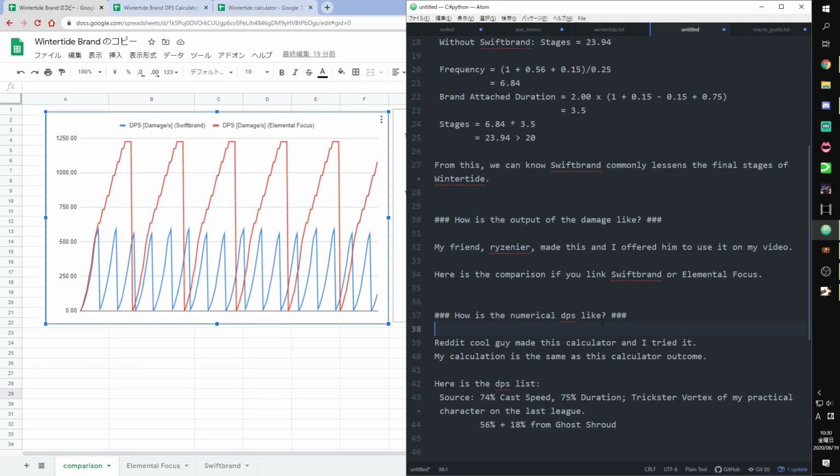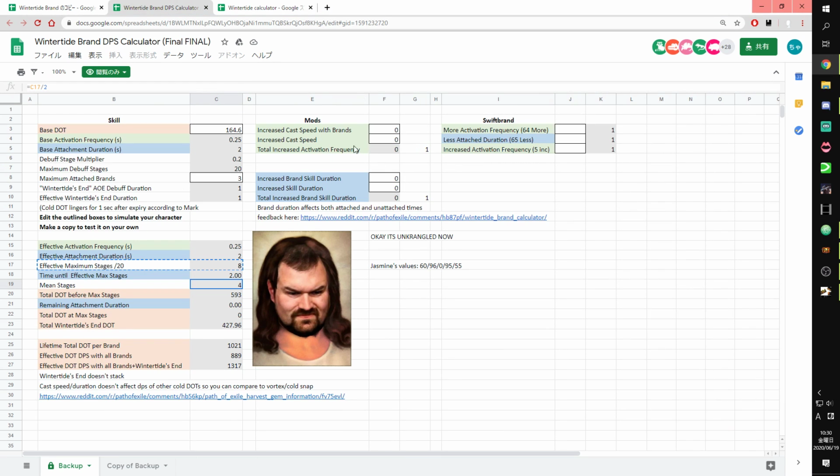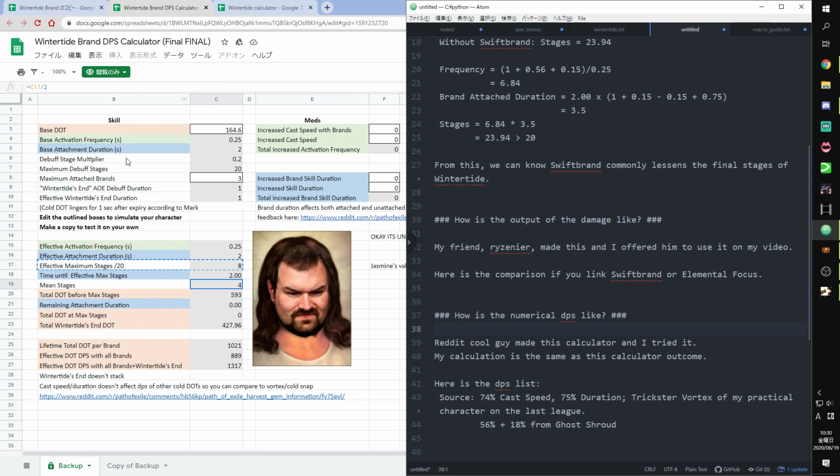And then the next section is how the numerical DPS looks. On Reddit, a cool guy made this calculator, and I tried it.